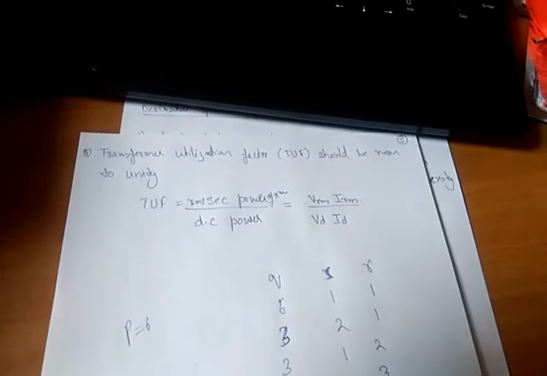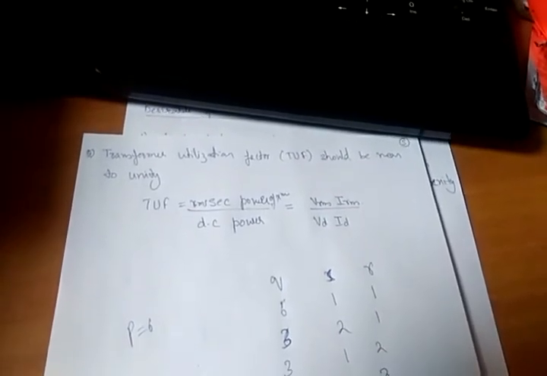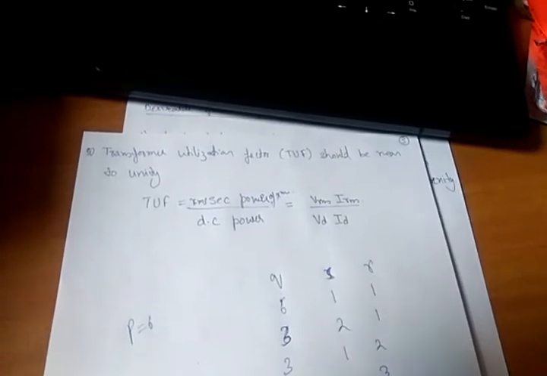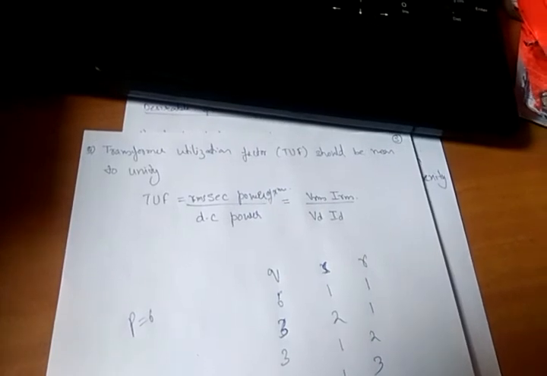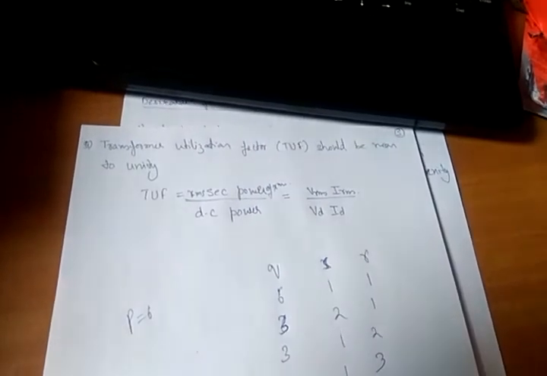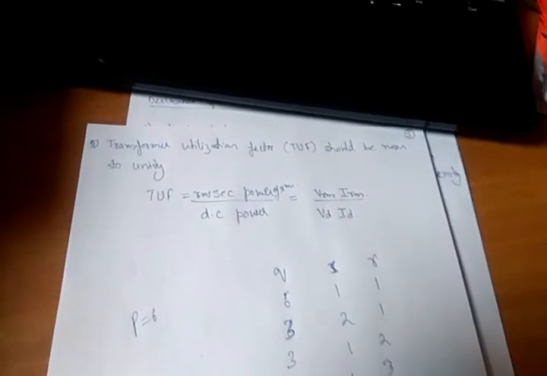Similarly there are a number of possibilities, but the best possibility will satisfy all these criteria: PIV should be minimum, PIV by VD naught should be as minimum as possible, VD naught by E should be maximum, pulse number should be maximum, and the last, transformer utilization factor should be as close to unity.